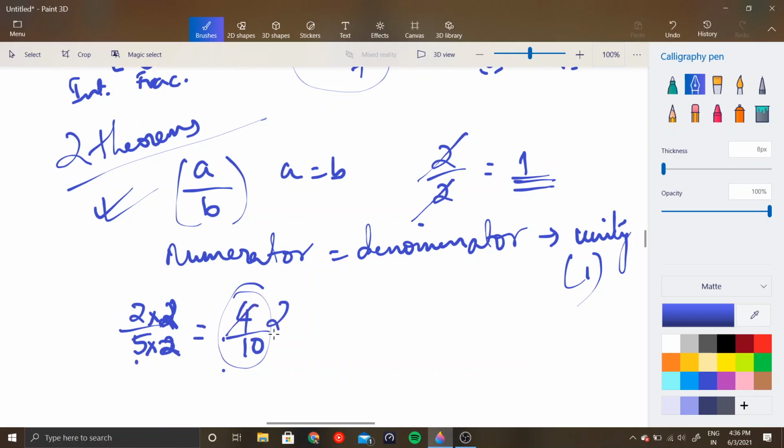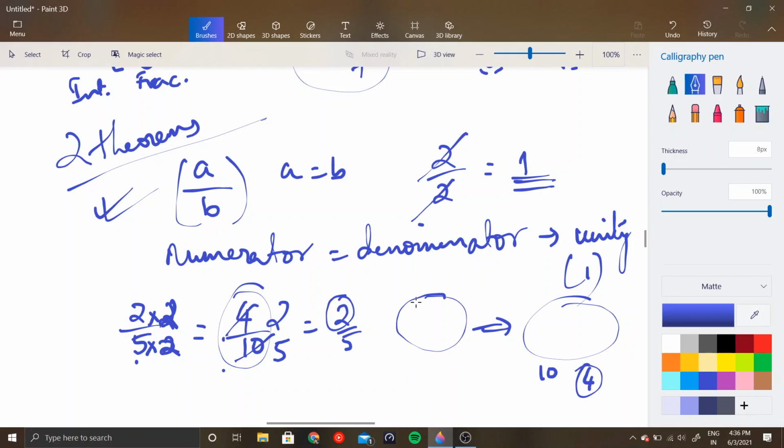It's like cutting a cake into 5 pieces and eating 2 of them, which is the same as cutting the cake into 10 pieces and eating 4 of them. So in the end, you are eating the same amount.